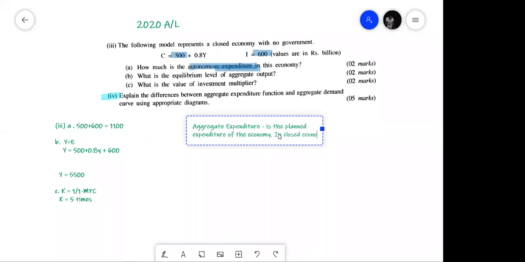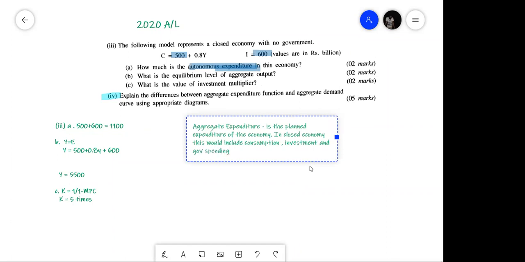right? In a closed economy, this would include, you can say, consumption, how much households are willing to spend, investment, and let's say government spending.